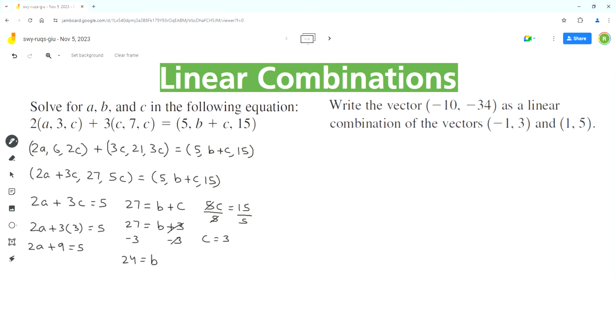So 3 times 3 is 9, and now we can subtract 9 from both sides. 5 minus 9 is negative 4, and now we can divide both sides by 2. So we get a equals negative 2. So this should be the final answer for this problem.